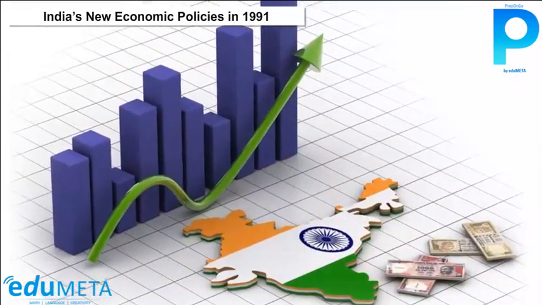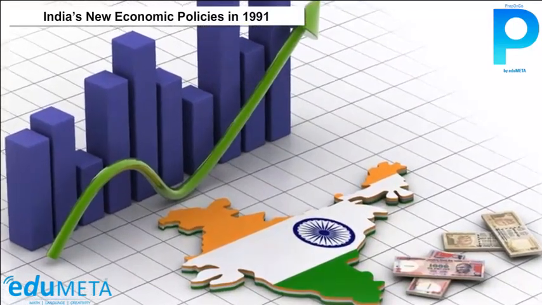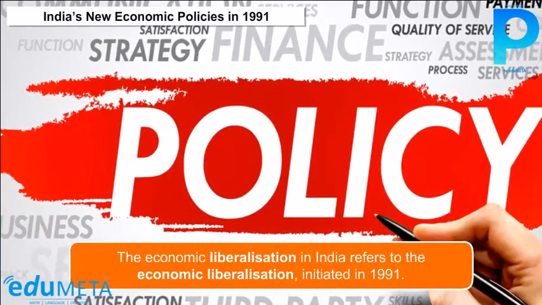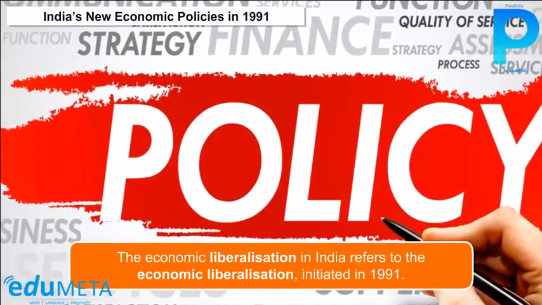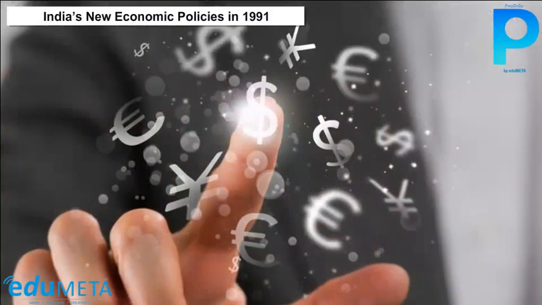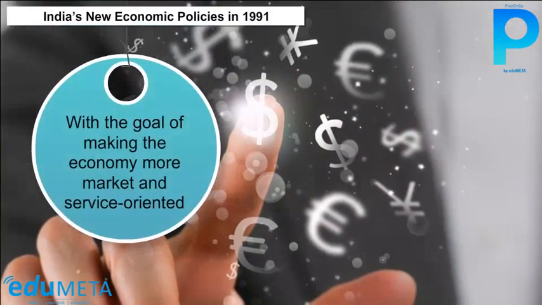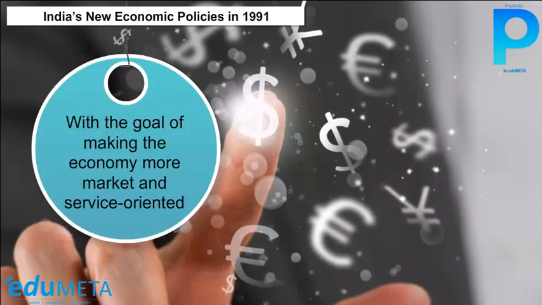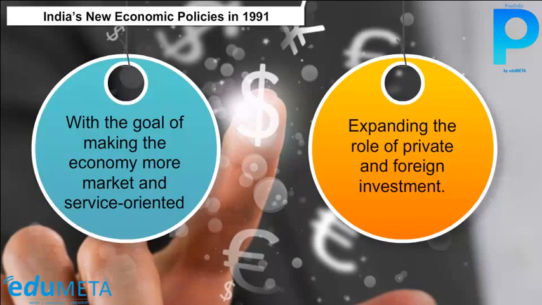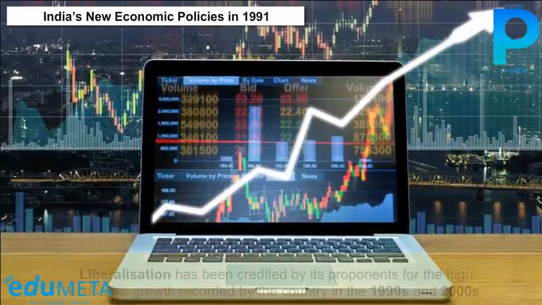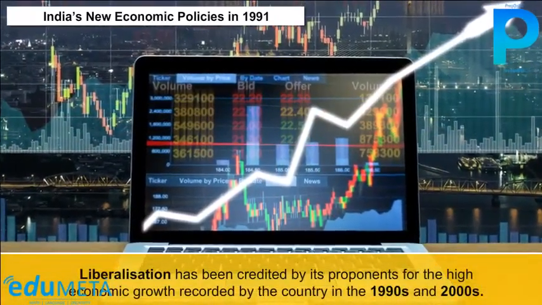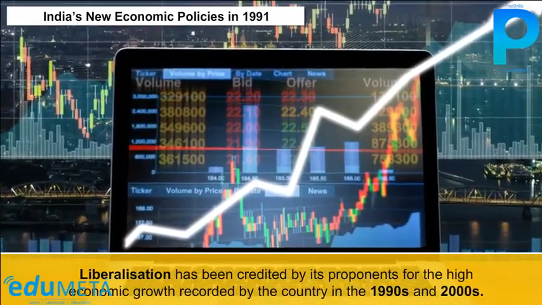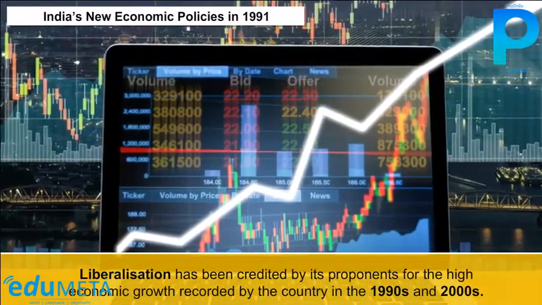India's new economic policy in 1991. The economic liberalization in India refers to the economic liberalization initiated in 1991 of the country's economic policies with the goal of making the economy more market and service-oriented and expanding the role of private and foreign investment. Liberalization has been credited by its proponents for the high economic growth recorded by the country in the 1990s and 2000s.